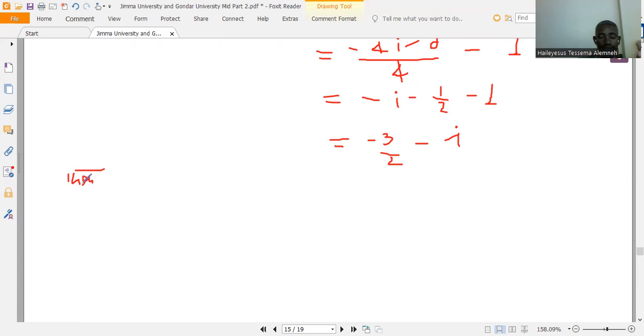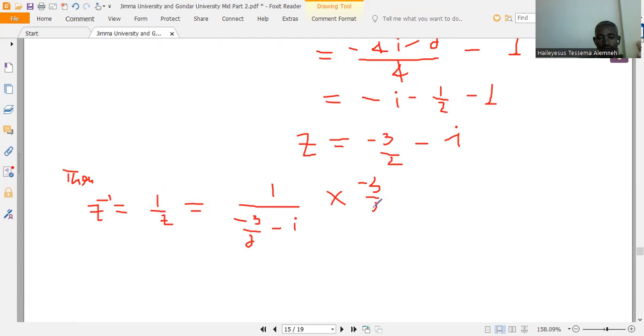z inverse is equal to 1 over z, which is 1 over minus 3 over 2 minus i. Multiply by minus 3 over 2 plus i over minus 3 over 2 plus i.